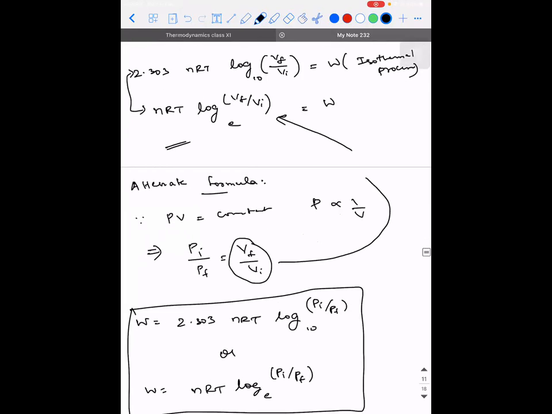So what they can do is, in the 1 mark question, they can give you either of the options and ask you which one is right.